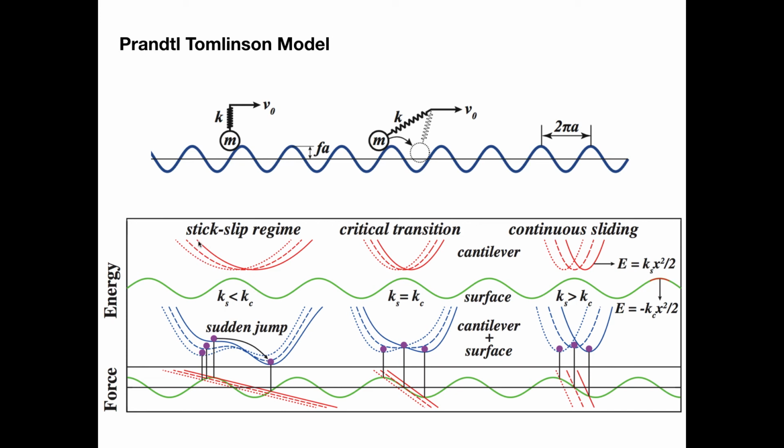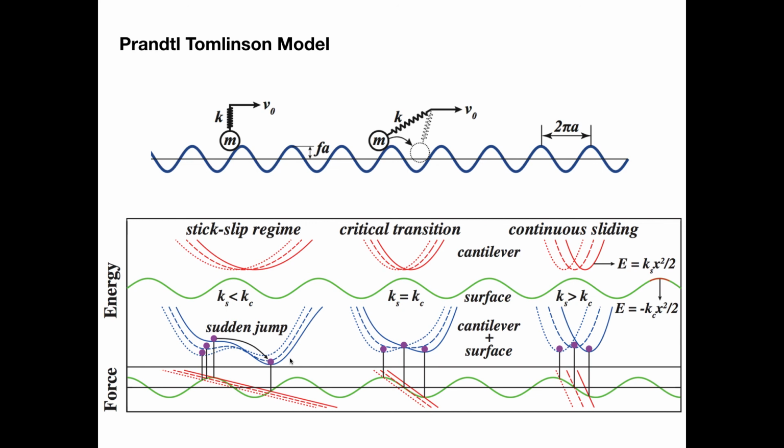So if you sum this kx squared with this one, you get two minima, and as you move the spring, this object actually jumps suddenly from one place to the other. So even if you are moving really slowly, it will be stuck, and then it will slip, and you will create most of the friction during the slip, and it will be velocity independent.